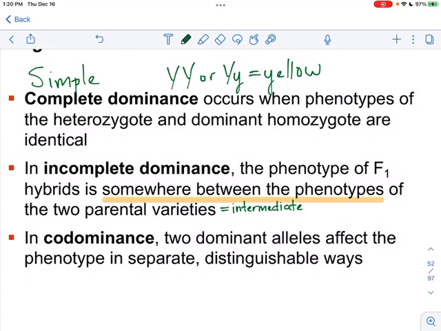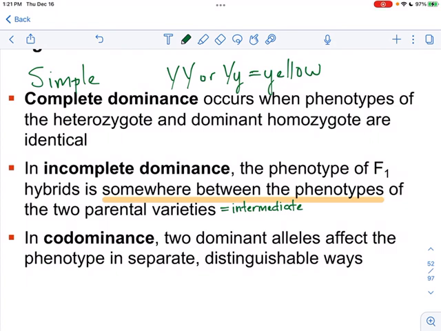And then codominance is when you basically have alleles that are equally dominant with each other. This is commonly seen in chickens. I raise chickens on my farm. So if I can get them to stand still long enough, maybe I'll take a picture for you guys. But we have what are called barred chickens, which come from crossing black chickens with white chickens.